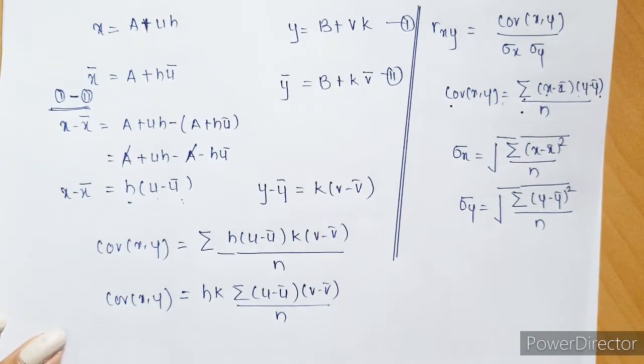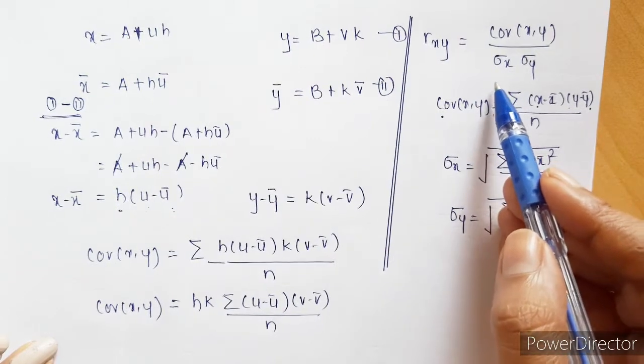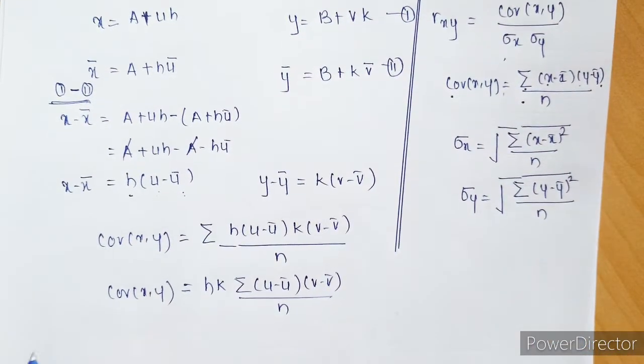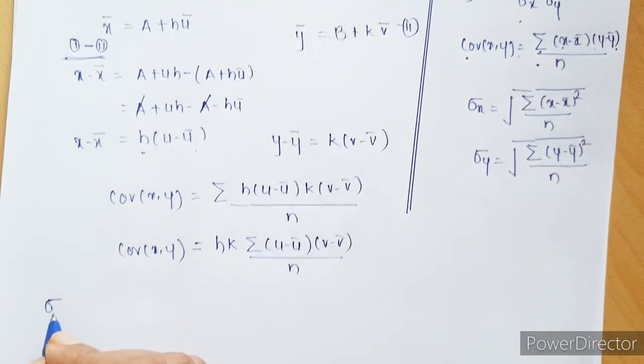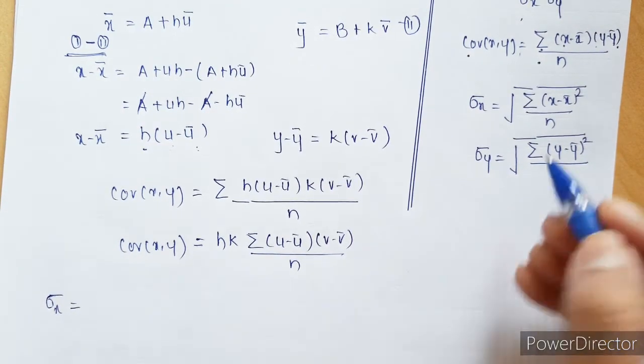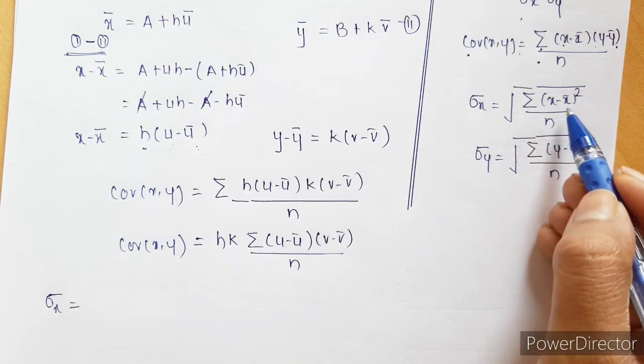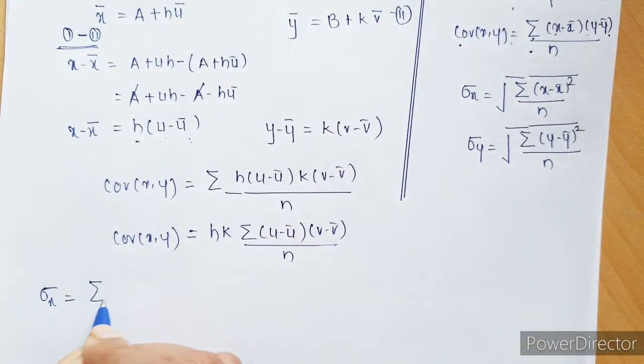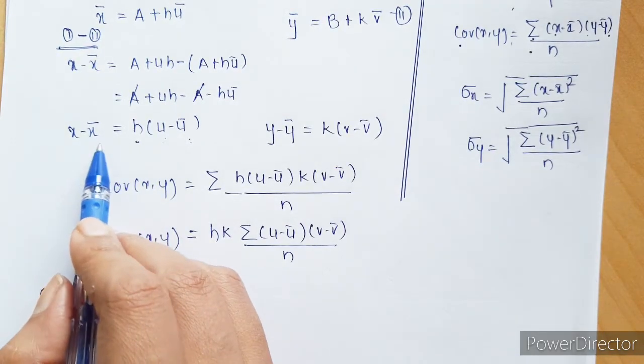Now we need sigma x and sigma y, the standard deviation of x and the standard deviation of y. The standard deviation of x is the root of the squares of deviations of variable x, that is the summation of (x minus x bar) whole square upon n.